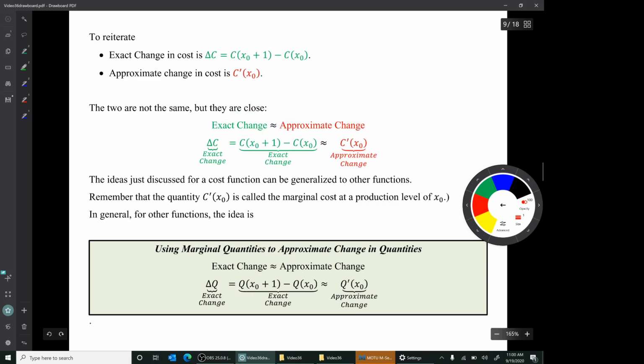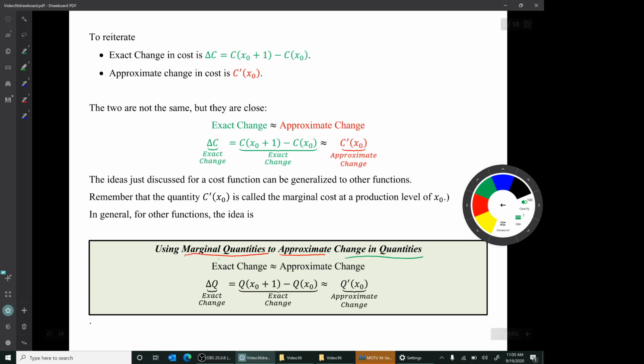Well, this idea generalizes to other functions, not just cost. So remember that the quantity c prime parentheses x 0 is called the marginal cost at a production level of x subscript 0. So we can generalize this to other quantities, in the idea we would describe as using a marginal quantity to approximate a change in a quantity.